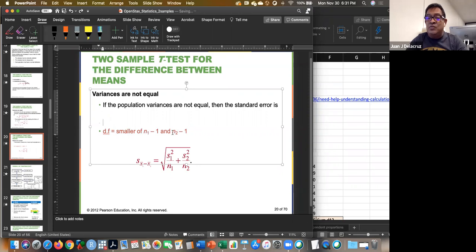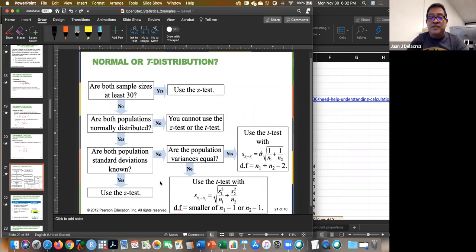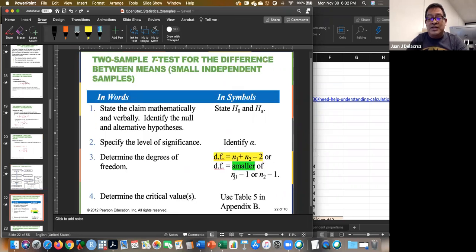In the second, I said we have 12, so we have 11 degrees of freedom. Of course, 9 is lower than 11, so we are going to use 9 as our degrees of freedom for computing the critical values. So in this case, we have to use the smallest degrees of freedom arising from the different samples. That's what it says here.